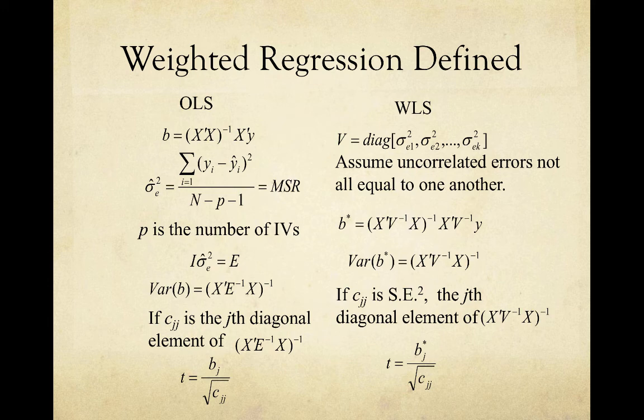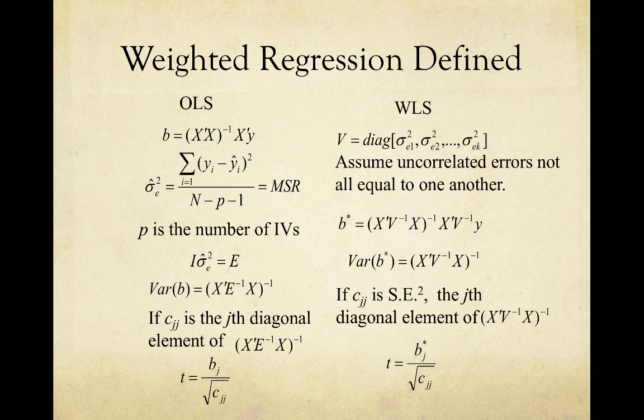All right, with weighted regression in the right column, V is a diagonal matrix that has the error variances on the main diagonal. Those would be the same in OLS, whereas they're different as we go across the matrix in weighted least squares.